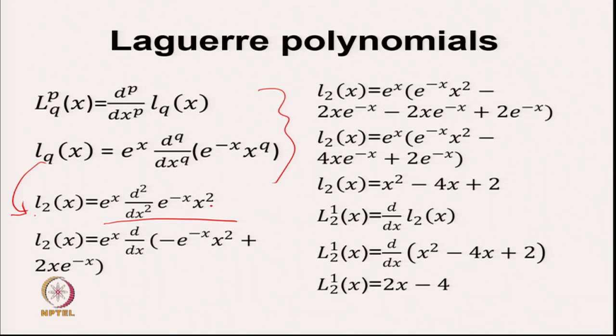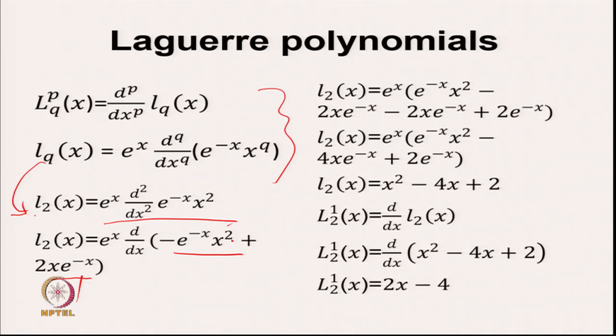Now, let us differentiate this. If I do it the first time, what I will get is minus e^(-x) x^2 plus 2x e^(-x). In the first term, I have taken x^2 as constant, and in the second term I have taken e^(-x) as constant, and so I get this whole equation.